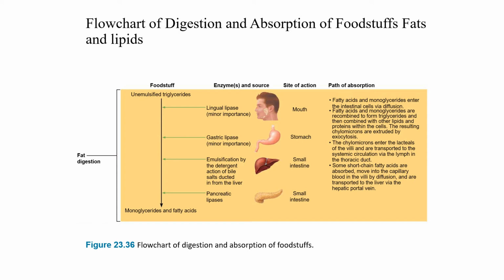It does very little. The gastric lipase doesn't do much more, but the real digestion takes place in the small intestine because of the products of bile, which contains bile salts, and pancreatic lipases. Make sure you spend time and go through this flow chart.